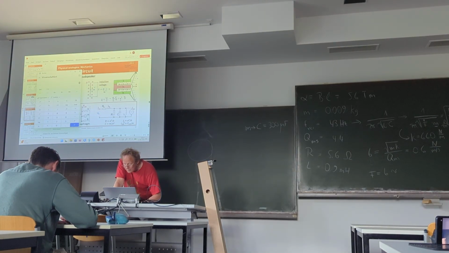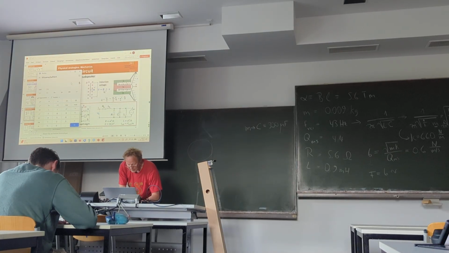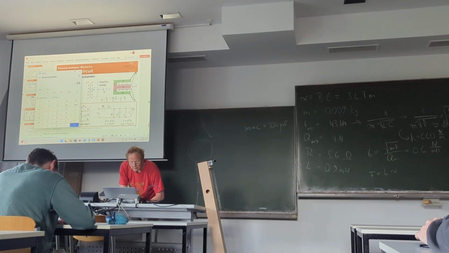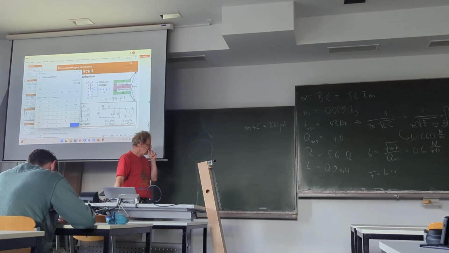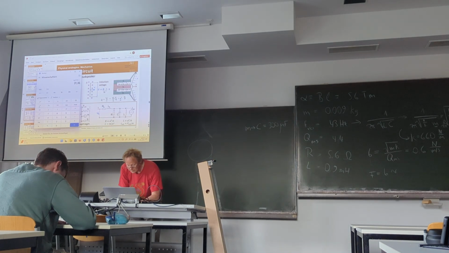Okay, so the next one, L. What is the value of this inductivity in the model? Alpha squared divided by k, so 5.6 squared divided by, and k we calculated as 660.